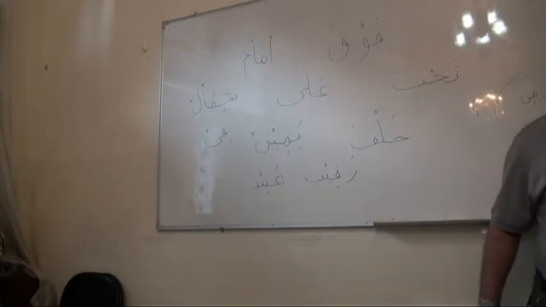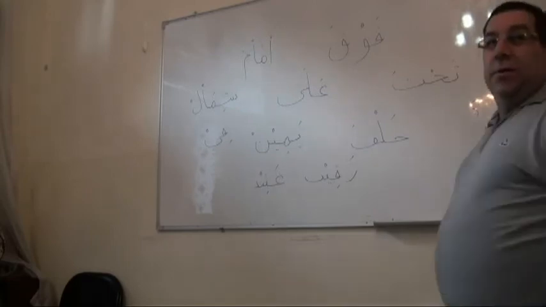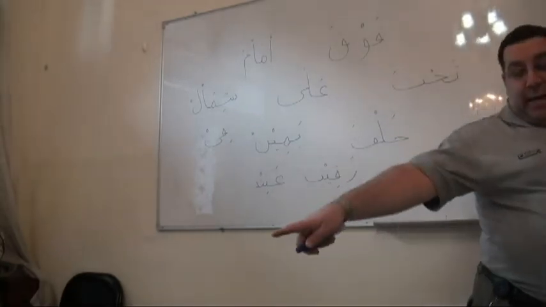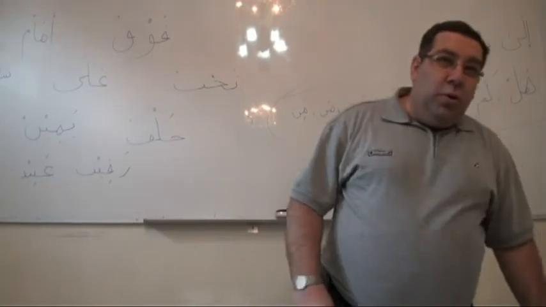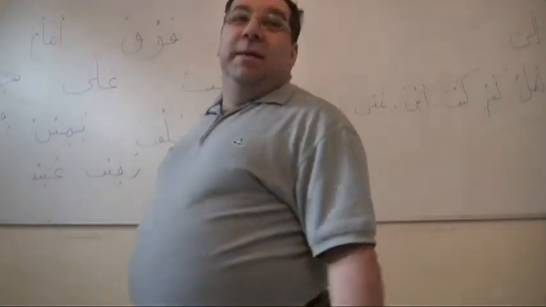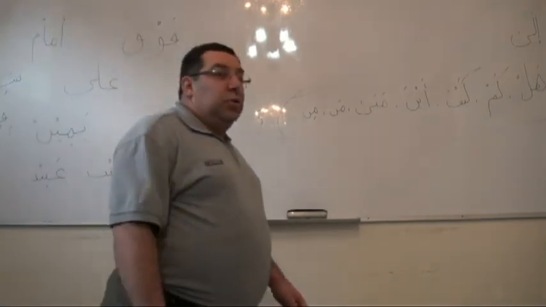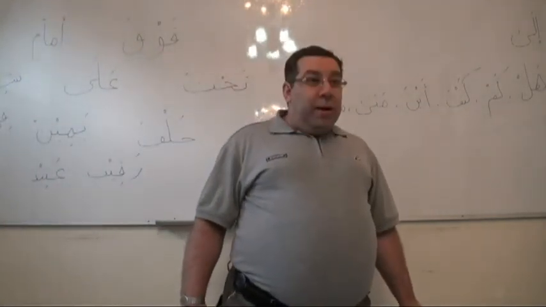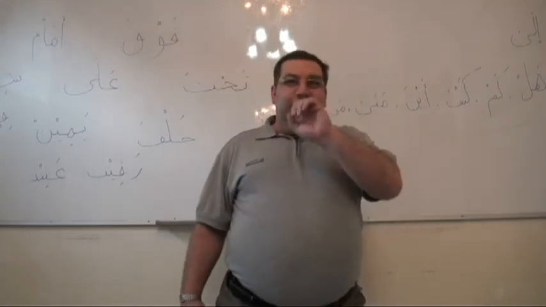Now, give you another example which is more clear. If I am saying كم سعر الطاولة. What is the meaning of طاولة? Yes. Okay. كم سعر الطاولة? It means how much is the table? What is the price of this table? Right?